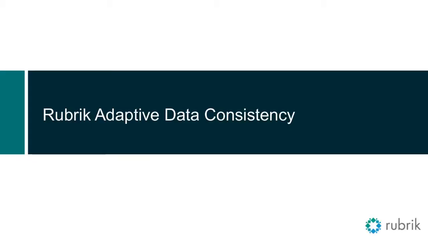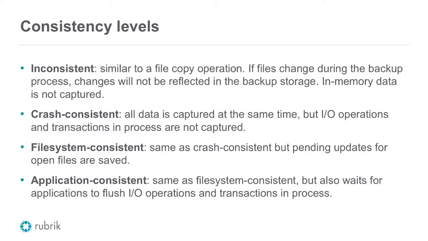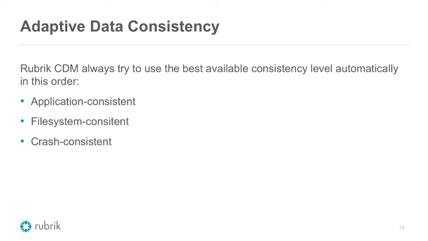Okay. So what Rubrik does is that there are different levels of consistency. We don't do the inconsistent state. We just do crash consistent, file system consistent, and application consistent. And the way that we do it, and this is why it is adaptive, is that we always try to capture the best state possible.